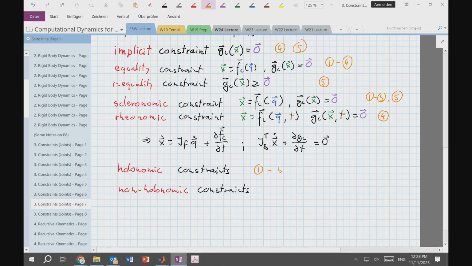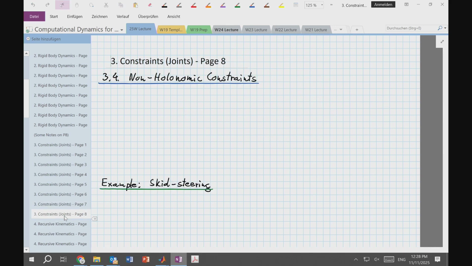Everything in our example are holonomic constraints. So to show you what a non-holonomic constraint is, I have to go to the next page. Non-holonomic constraints.